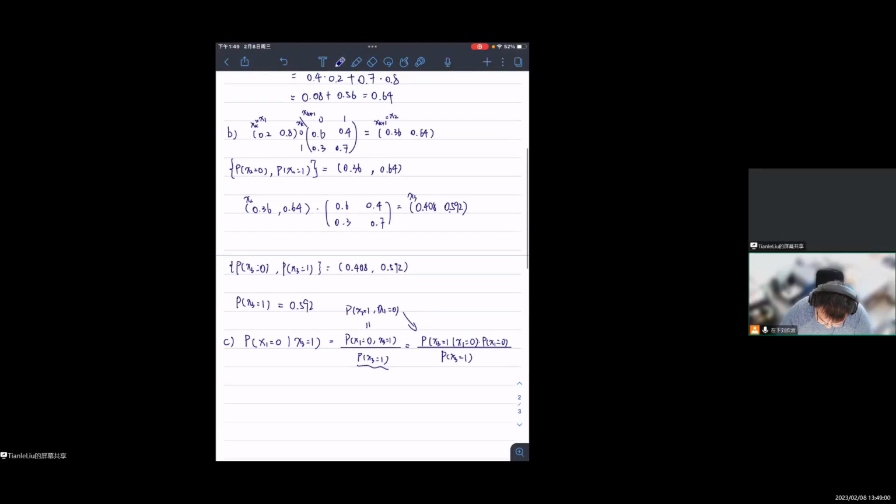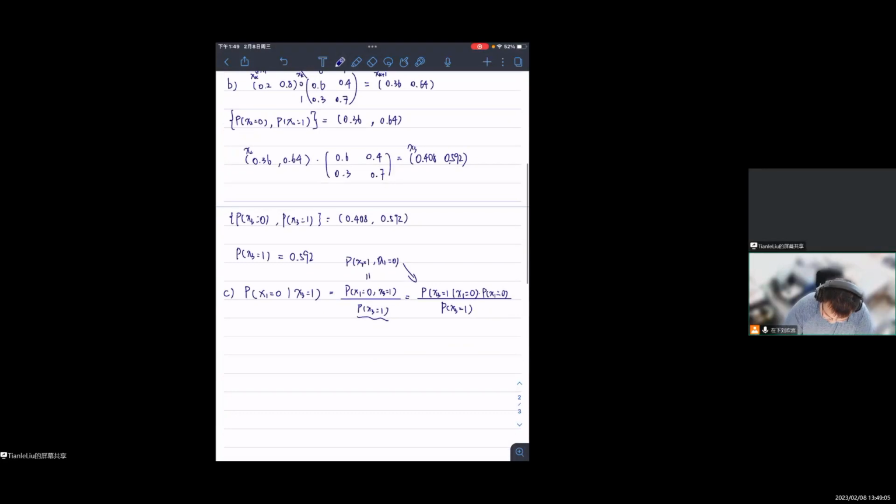Then we can view the process of part B, that actually to get the x3 from x1, we just need to input the x1, use the matrix, and use the matrix again, right?